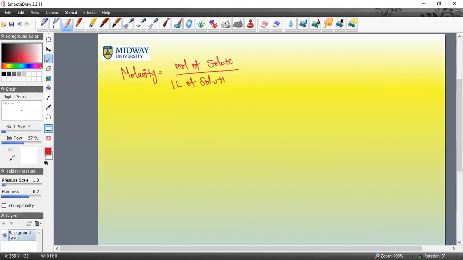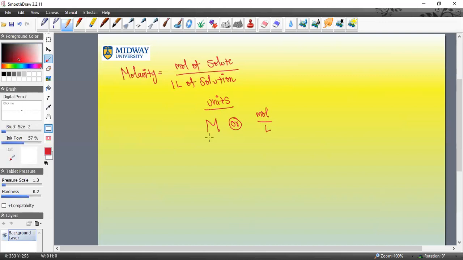That's the definition. That's not the units. There are 2 common units for molarity. Both are acceptable, but I want you to know both because we will use one for just writing a unit and we'll use the other one for calculation. M or moles per liter.